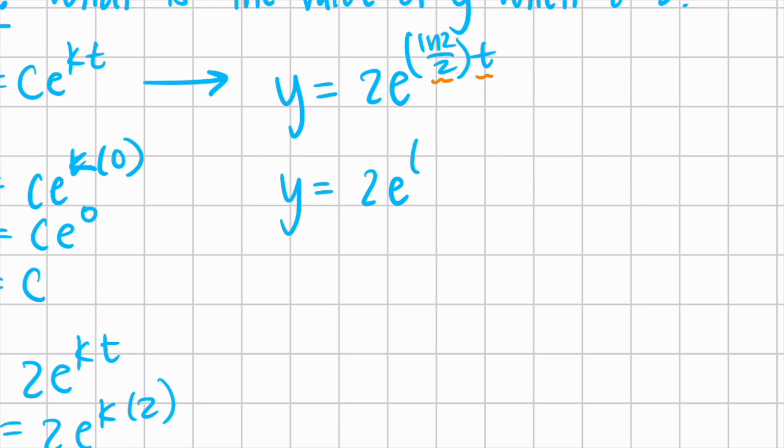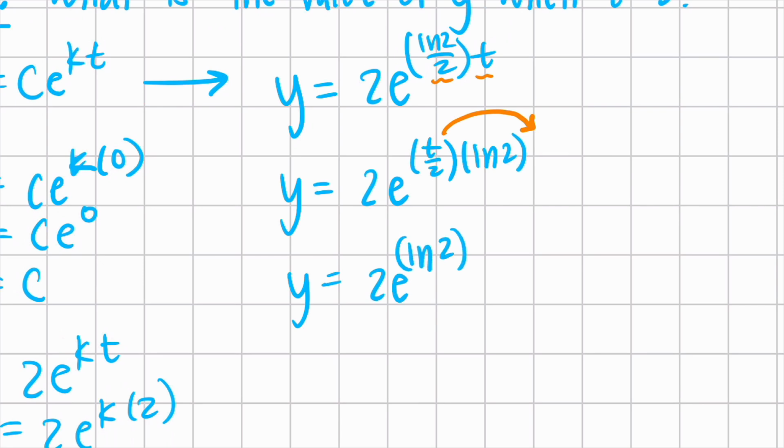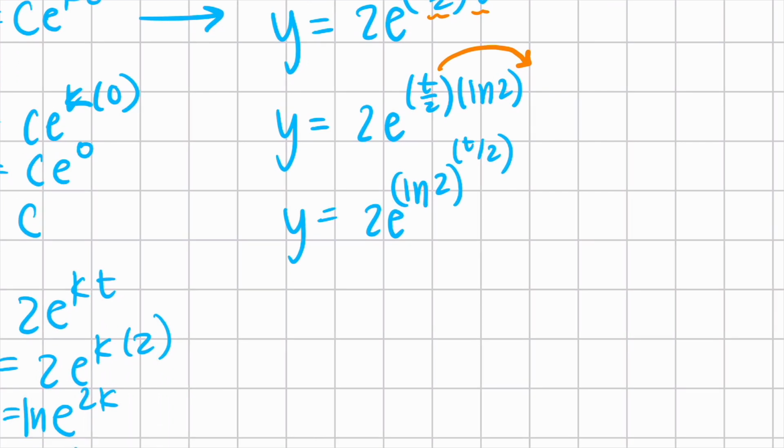So I'm going to have t over 2 times natural log of 2. And then I'm going to use log properties to move this t over 2 up to an exponent. And now notice when I have e to the natural log, this equals my 2 that was out front times 2 raised to the t over 2.